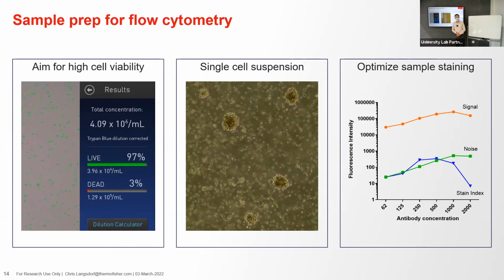Exactly, yeah. So the flow cell, especially on the Attune, is fairly large and fairly forgiving. It's not especially easy to clog, but if we have very large clusters of cells like this, they will get stuck in the flow cell, and you essentially abort your experiment, clean the instrument, and then start again. And so we'd like to have our cells in a single cell suspension or something very close to that.